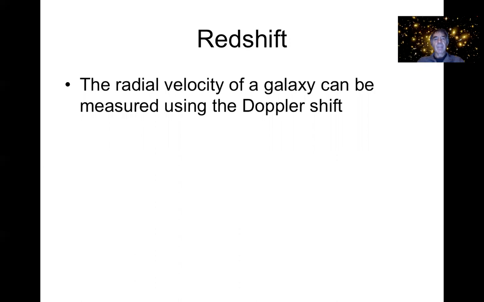Okay, so the first topic we want to look at here is this idea of redshift, but here in the context of the redshift of galaxies. We've met this several times before now, but let's formally define it once again.